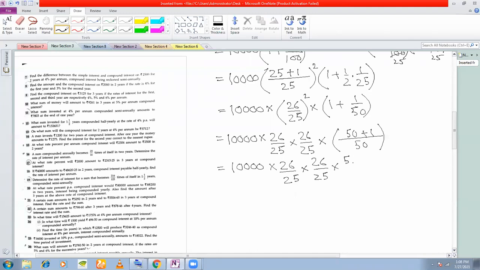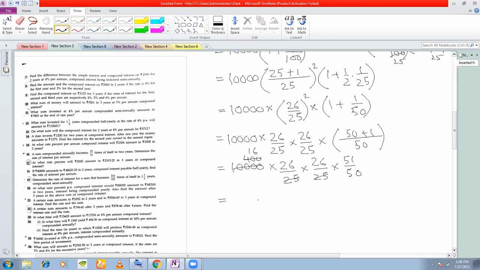Into 51 by 50. Cancel here 400 times. This again will cancel 16 times. Better to keep 50 here, no problem.